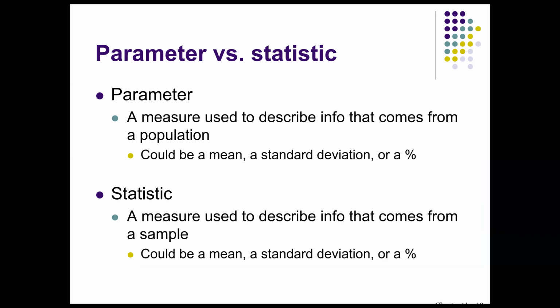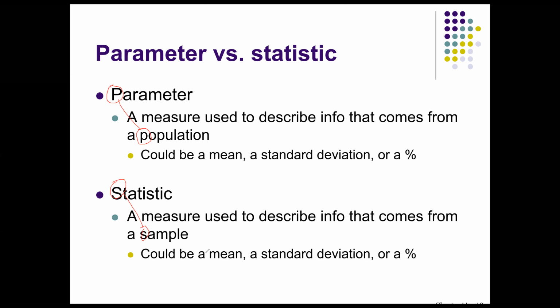It could also be a mean, a standard deviation, a percentage, or a proportion. But if it's coming from a sample, we're calling it a statistic. If it's coming from a population, we're calling it a parameter. And the way to remember that is that the P's go together: parameter comes from a population, and the S's go together: statistics come from samples.